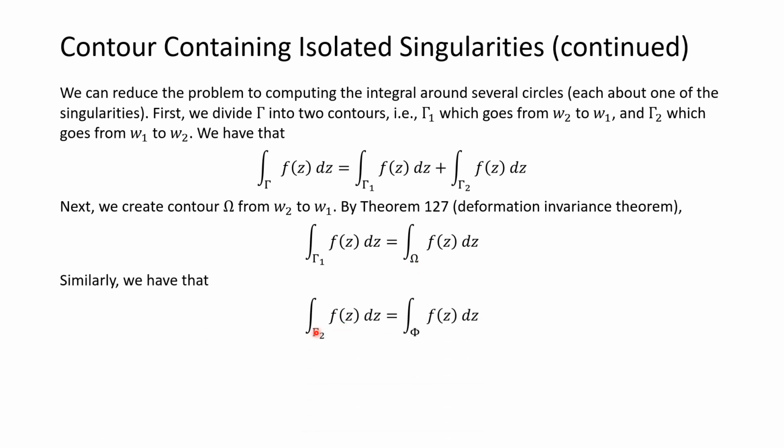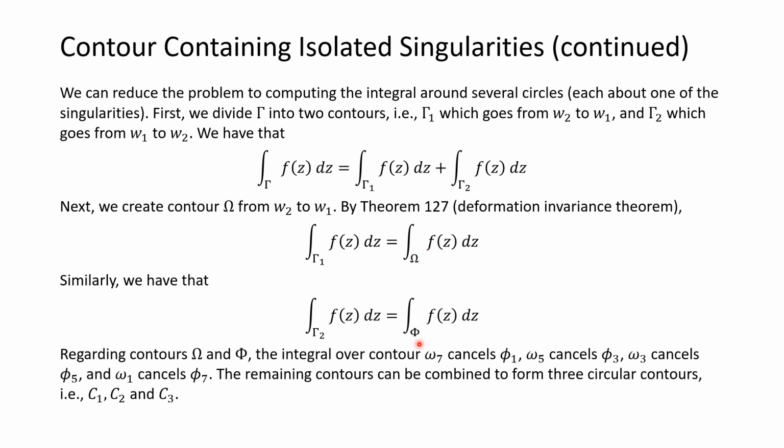Then we did the same thing for gamma sub 2. We wrote that in terms of phi, and that was consisting of several smaller curves. And the reason we did that is because we got a lot of cancellation between these two alternate contours, and we were just left with having to take the contour about 3 circles, one around each of these 3 singularities. So let's continue on the next slide.